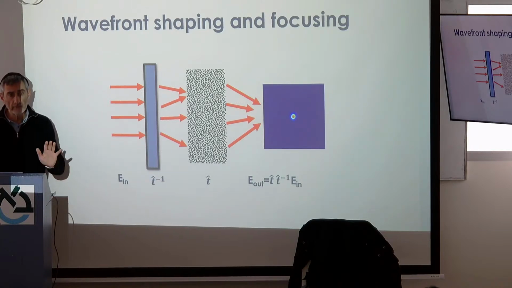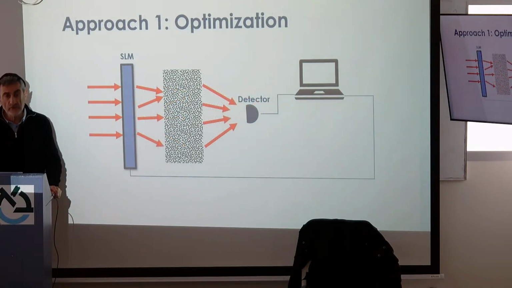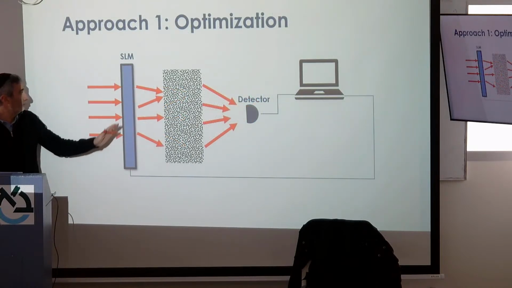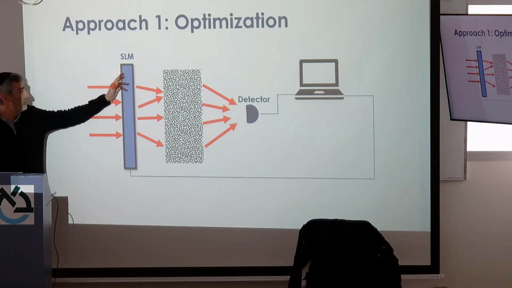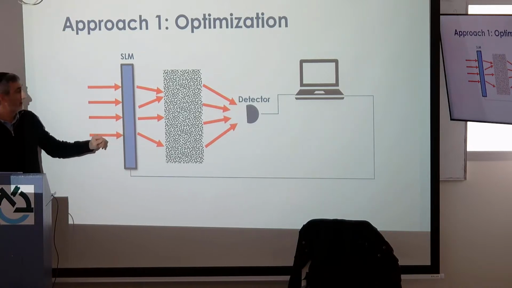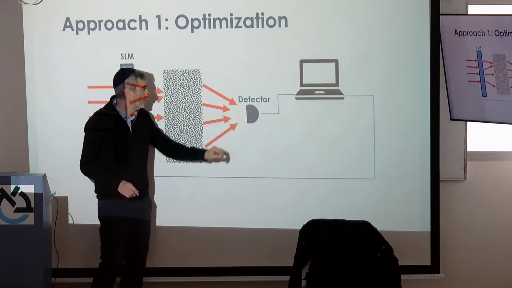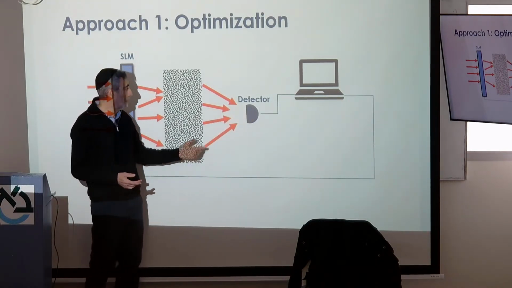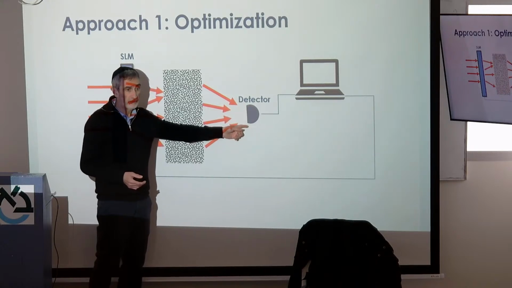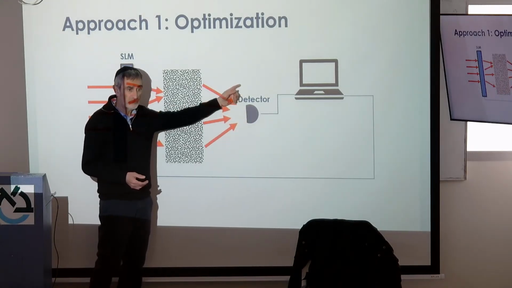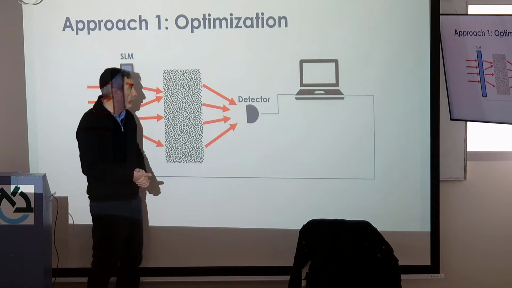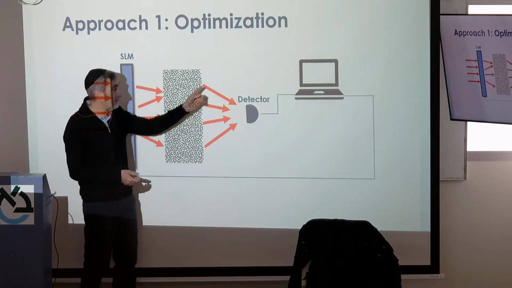So there are two approaches. One approach is a blind approach. We don't know what should be the value of the pixels here. But what I can do is put a detector, and I say I want to maximize the light on this detector and minimize it elsewhere. To do that, I have a feedback loop.